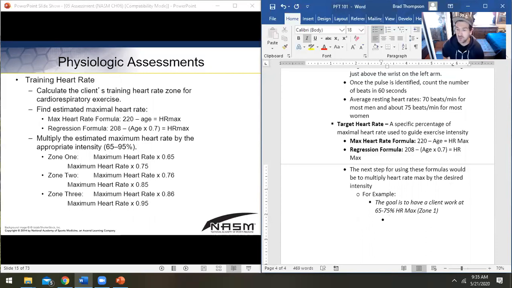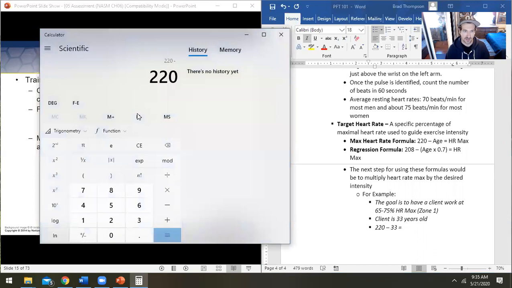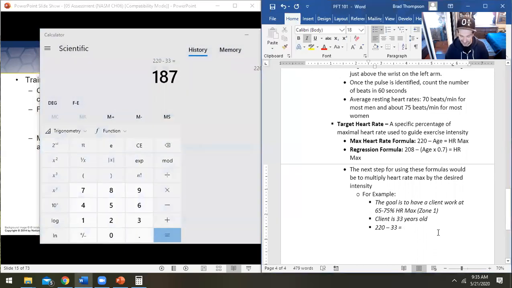What you would do is calculate our client statistics. Our client is 33 years old. So for the max, we would take 220 minus 33 equals, calculator, because I don't want to do it in my head, 187.